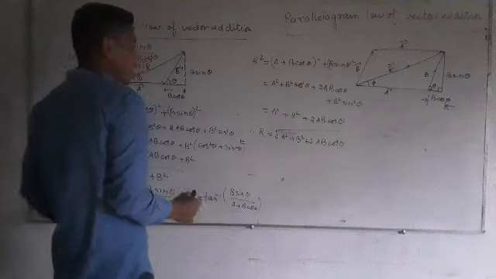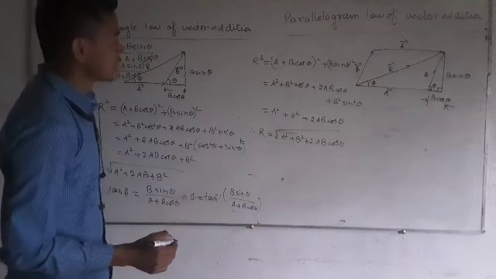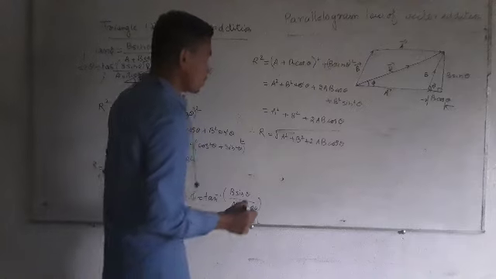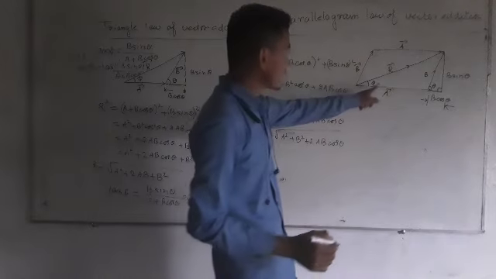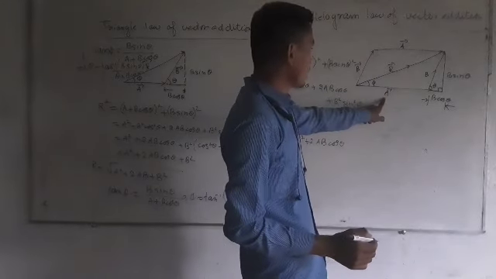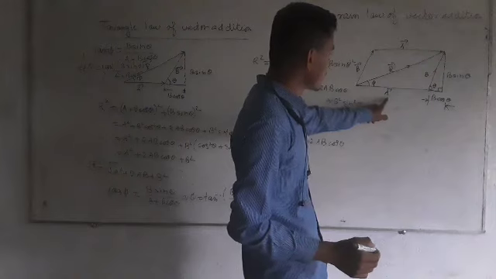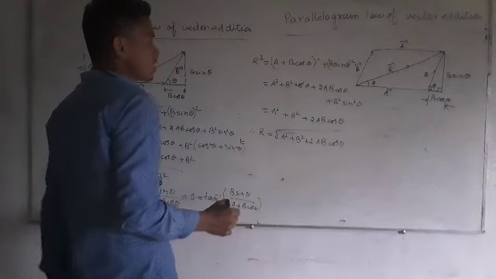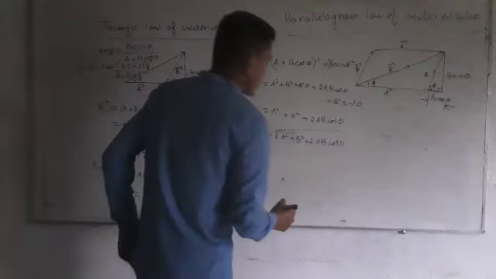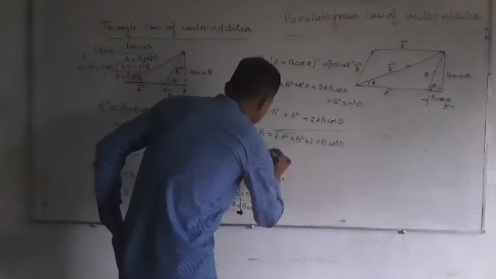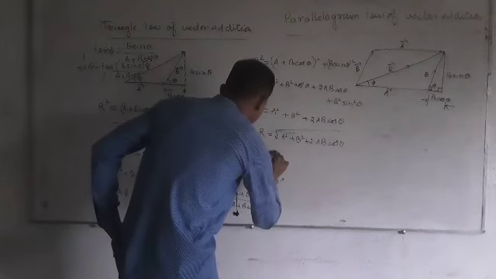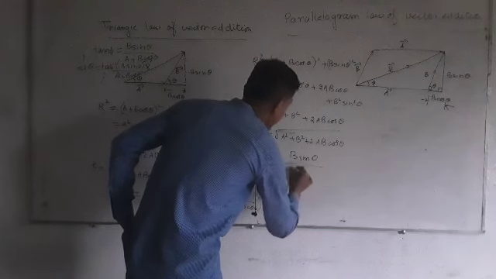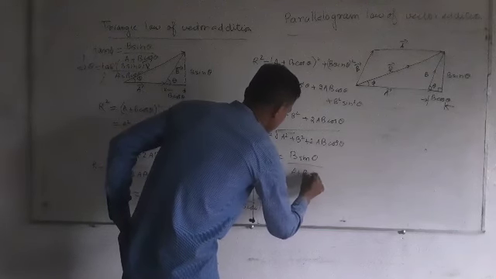And now we are left with the direction of the resultant vector. We find the angle made by the resultant vector with the A vector. So this is the A vector, and in this direction the resultant vector is oriented. Therefore, tan phi is equal to the opposite, B sin theta, divided by the base, A plus B cos theta.